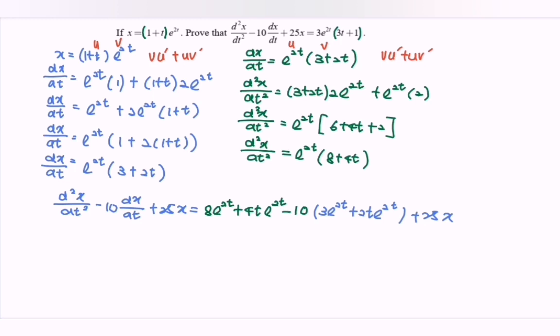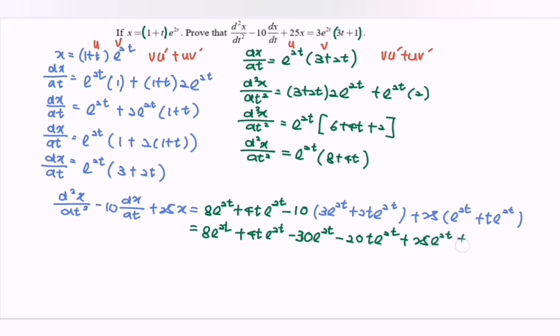Here we have x equal to e^(2t) + t e^(2t). So kindly expand, then simplify. 8e^(2t) + 4t e^(2t) - 30e^(2t) - 20t e^(2t) + 25e^(2t) + 25t e^(2t).